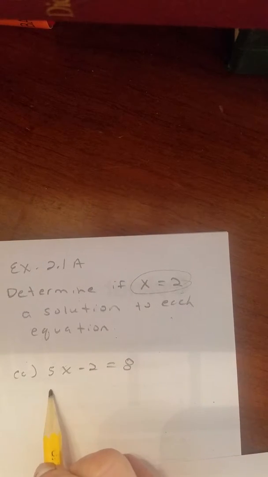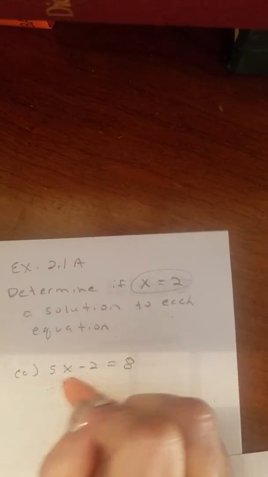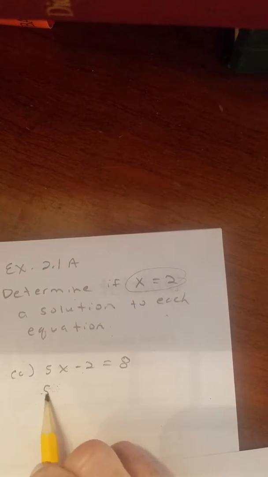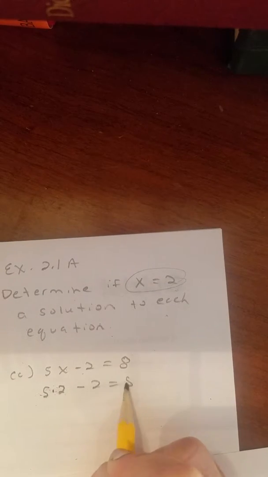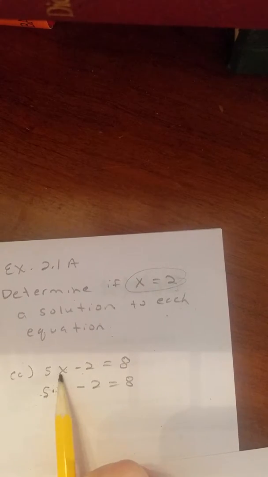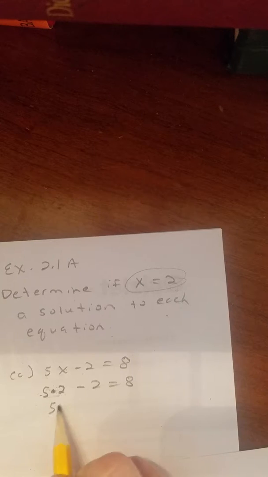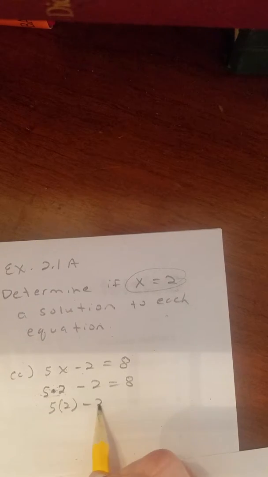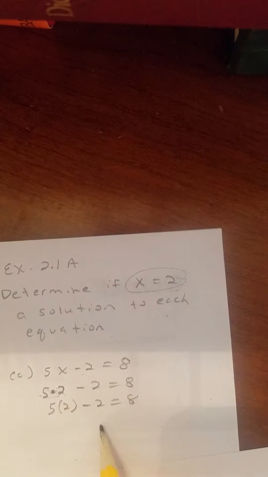Now I can write this as 5 times 2 minus 2 equals 8. Because remember, a letter next to a number means multiplication. So I can use this now to indicate multiplication, or I could use parentheses, 5 times 2, to indicate multiplication. Once I do that, I simplify.